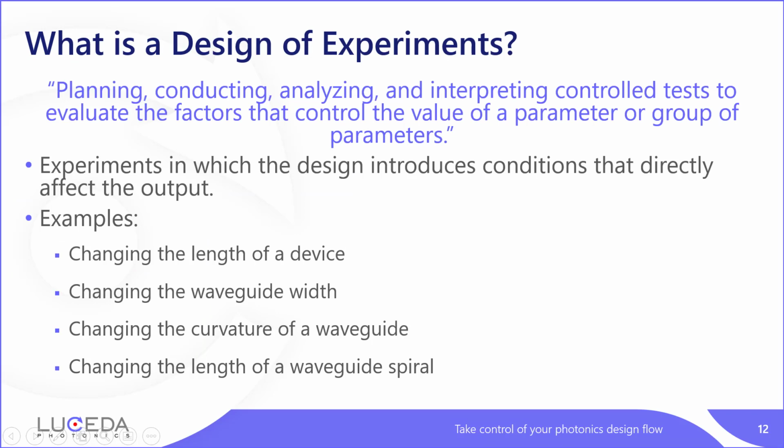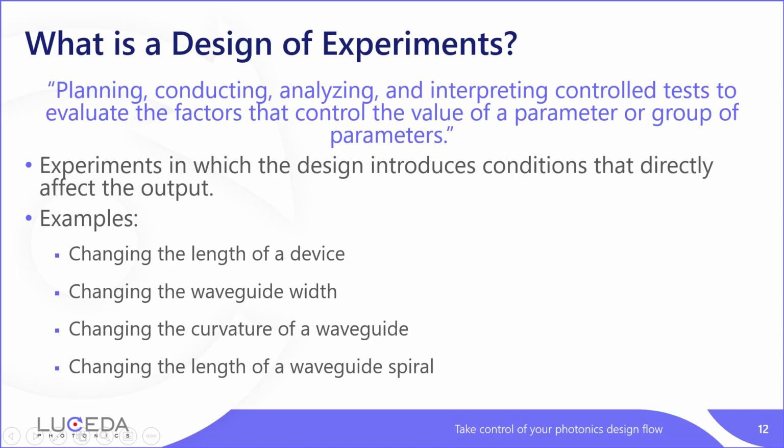So first, what is the design of experiments? That is the planning, conducting, analyzing, and interpreting of controlled tests to evaluate the factors that control the value of a parameter or a group of parameters. So here it's actually a design of experiments in which the design introduces conditions that directly affect the output.